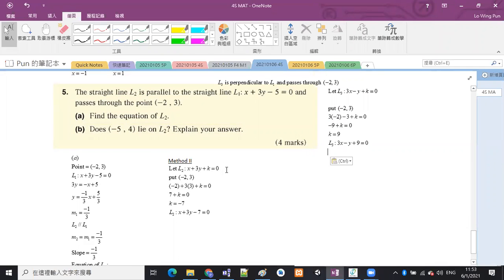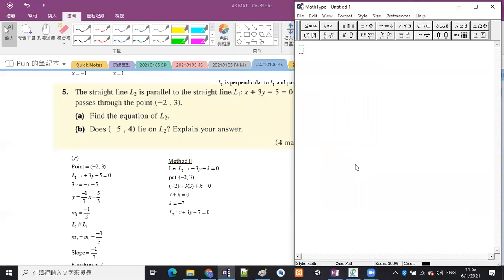Part B, Does this point lie on L2? 而家問你呢一點係咪 lies on L2？我哋就要 put 入去，然之後分開 left hand side、right hand side，睇下佢哋係咪 match。So we are going to put the coordinates of the points into the equation of the straight line L2. 記住分開 left hand side、right hand side。It's -5 plus 3 times 4 minus 7.